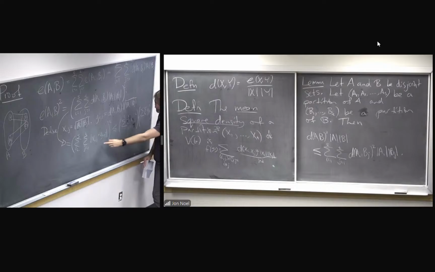And this is the dot product of the x's with the y's. So Cauchy-Schwarz says that if I dot product two vectors and square it, it's at most dot producting each of the vectors with themselves and multiplying. So that's another way of thinking of this: you get the sum of the squares like this.